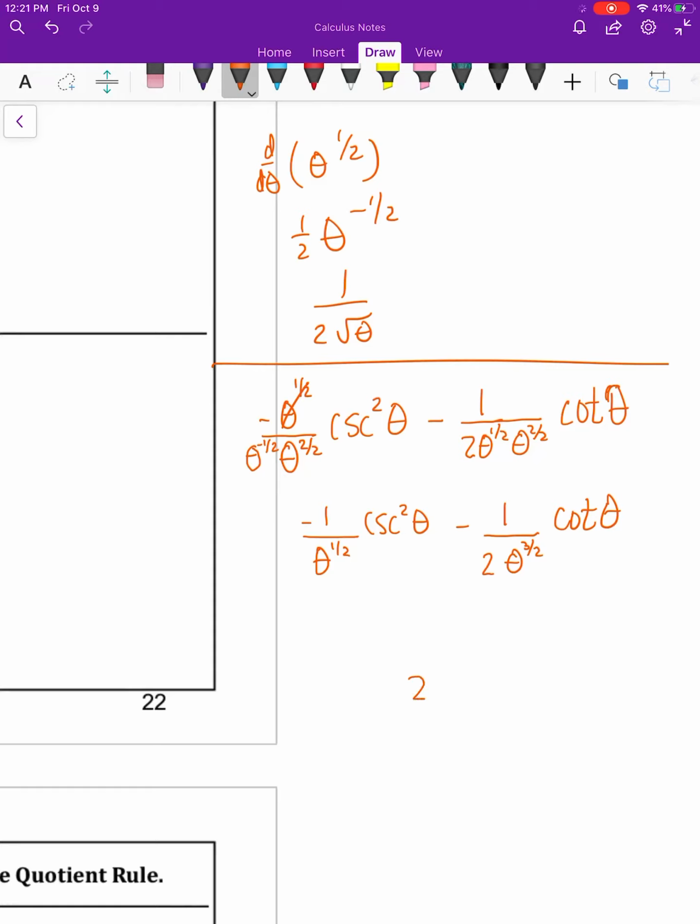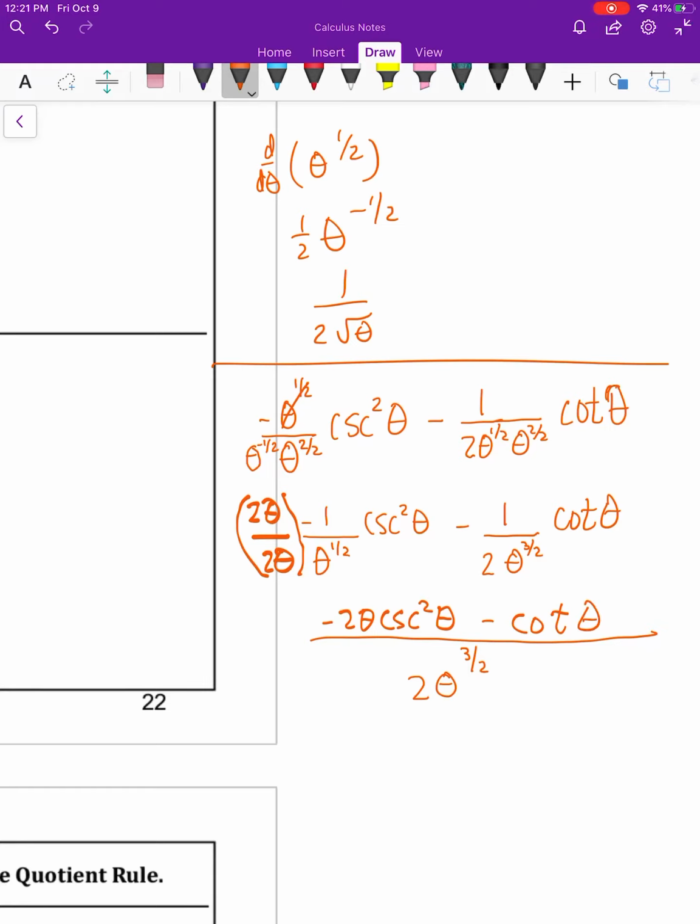The common denominator is going to be 2 theta to the 3/2. So I would have to multiply this one by 2 theta over 2 theta, and then I would have the exact same denominator. So this is going to be negative 2 theta cosecant squared theta minus cotangent theta, all over 2 theta to the 3/2.